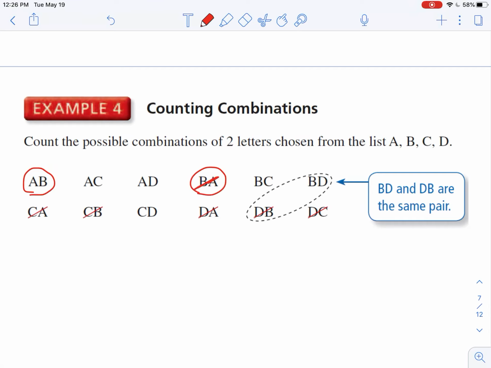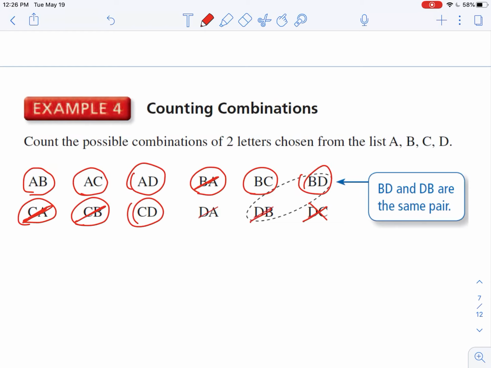And so if I have AC here, then I have CA here, and that technically is a double, so I can get rid of it. If I have BC here, I can technically get rid of CB. So what are we looking at in terms of unique options? I'm going to just go ahead and circle all the unique options, whereas the rest of these have technically already been counted for.